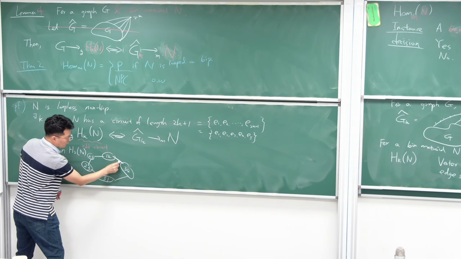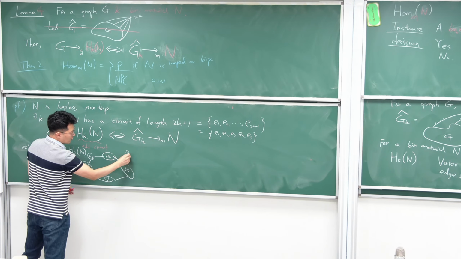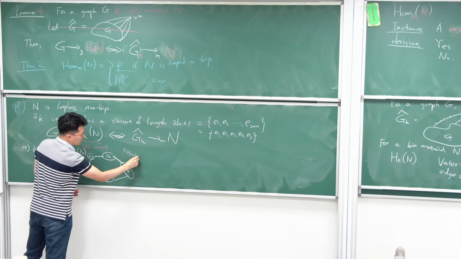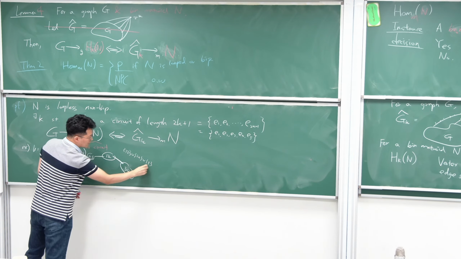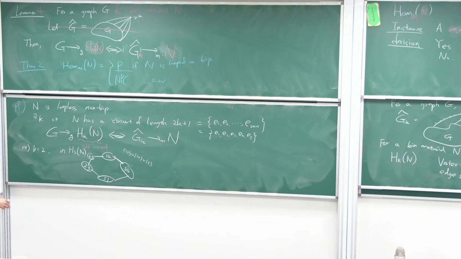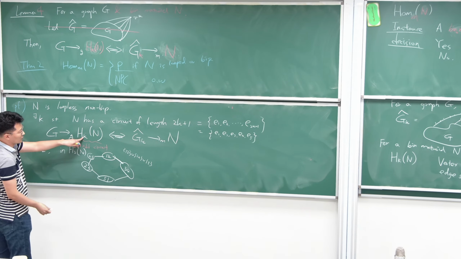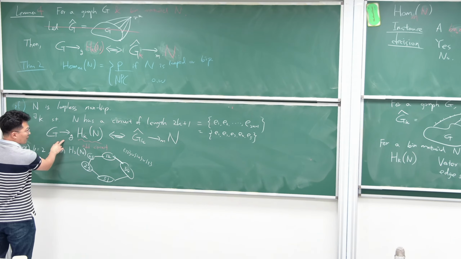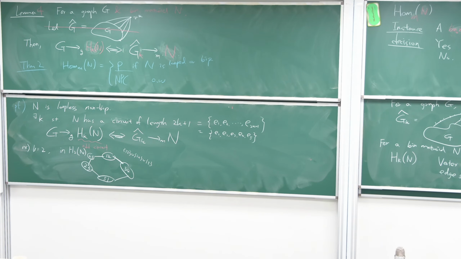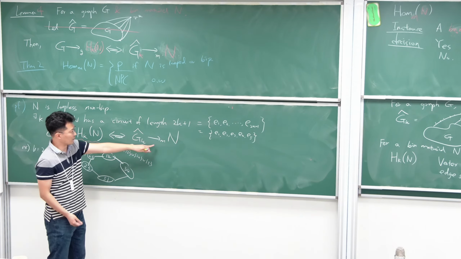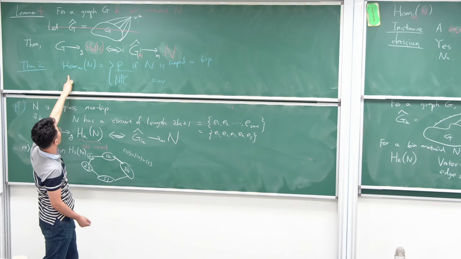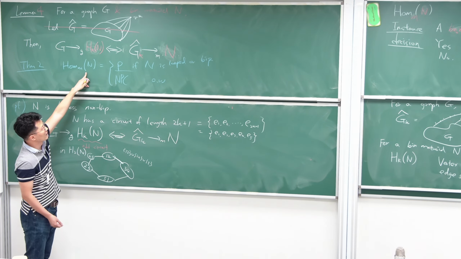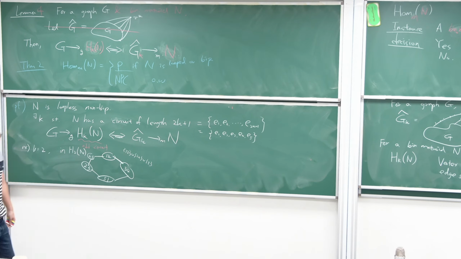So there's an edge between {1,2} and {3,4} because we know 1, 2 plus 3, 4 plus 5 is a circuit of N. So this is also a (2k+1)-cycle. And by theorem 1, which is proven by Hell and Nešetřil, this is NP-complete. So we know the homomorphism problem for N is also NP-complete in this case.